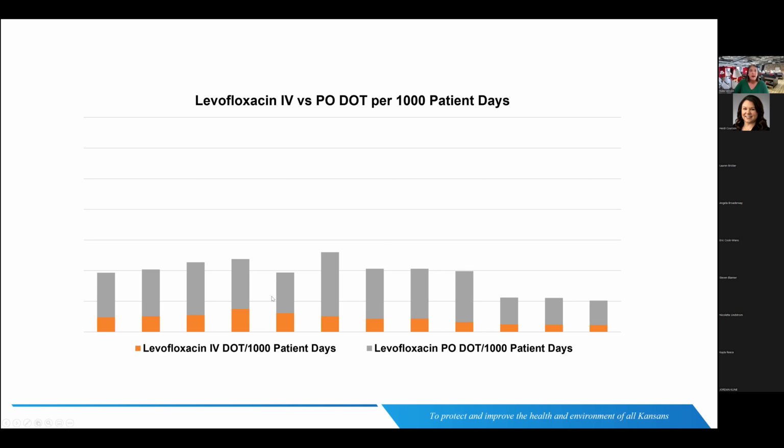So if you are to compare, say, the fifth bar from the left to the bar over here, 3 or 4 bars to the right, they're the same amount of utilization, but a higher use of PO instead of IV. So again, this can help tell a success story to administration because you're looking at fewer needs for IV and you're looking at the cost savings with oral drugs. And so sometimes even digging down into route of administration and presenting it in this sort of fashion can help show where your efforts have been targeted.